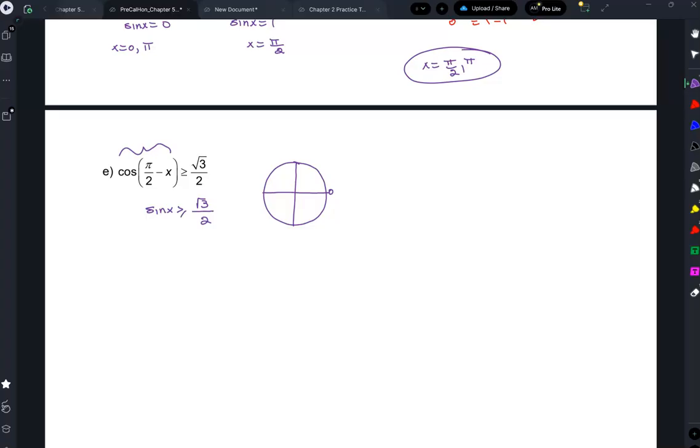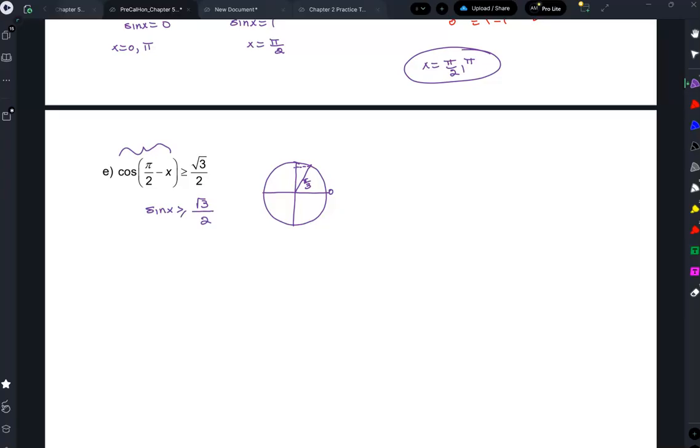And then as I go along the unit circle, are the values of sine increasing or decreasing? They're increasing. And then when do they reach root 3 over 2? At pi over 3. So over here, the y value is root 3 over 2. It's like 0.866.